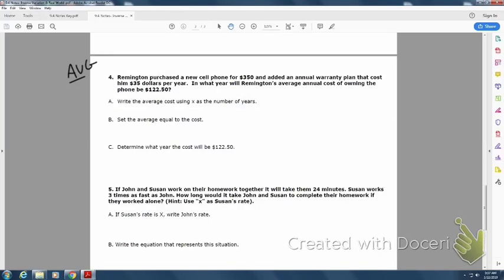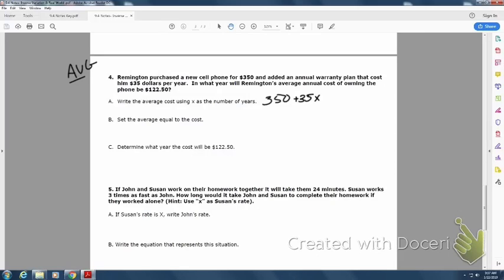So remember, average is total over number of. This is annually, so it would be number of years. So we need to find the total first. How much did he pay initially for the cell phone? $350. Is that a one-time cost? Yes. How much is he going to pay per year for the warranty plan? Okay.